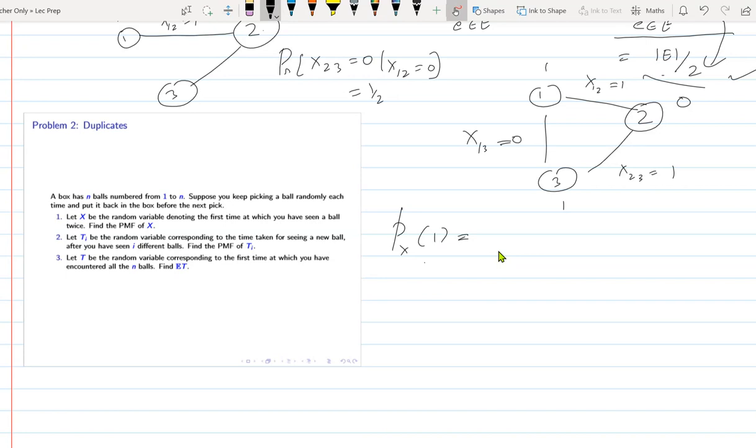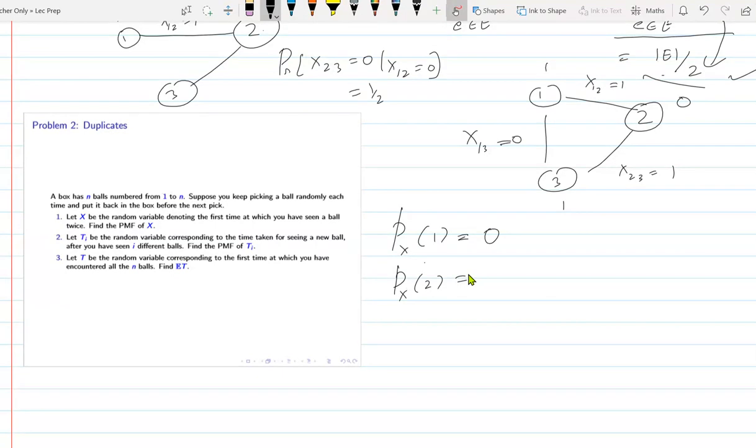It's 0 only. So what about P(X = 2)? One by n. Why is it 1 by n? Sir, the first time we can have any ball, and the second time the same ball repeats.